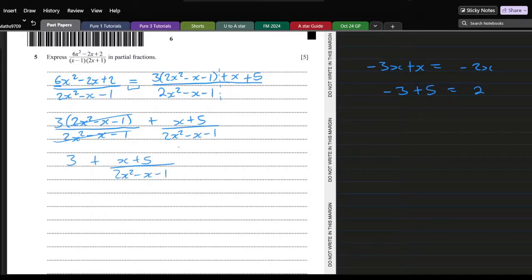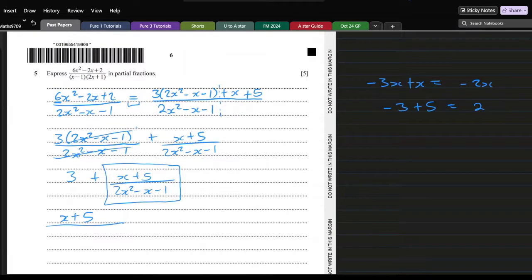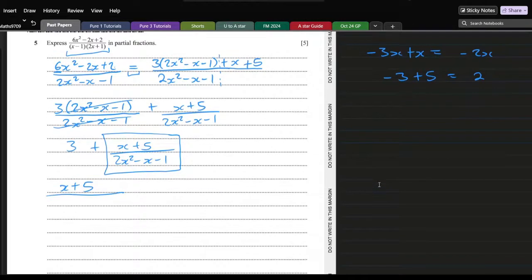And now we can carry out the decomposition to partial fractions for this term that we have here, and it is a proper fraction. So that becomes x plus 5, and I will use the original denominator we were given. I need the factors, so that's x minus 1 times 2x plus 1.